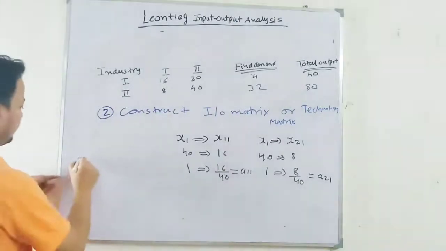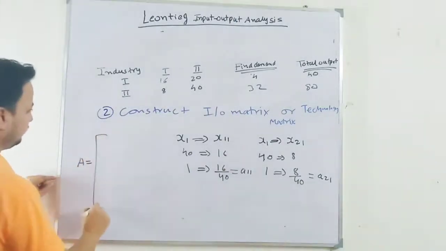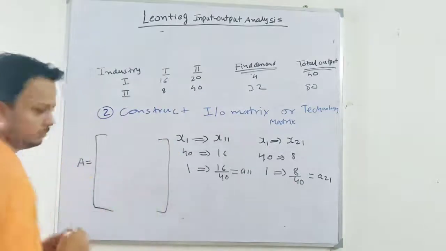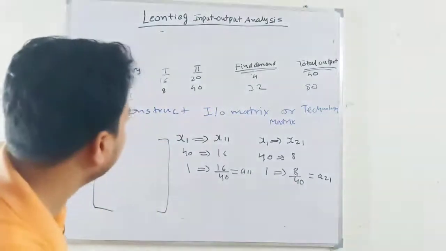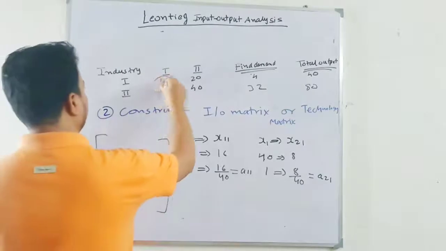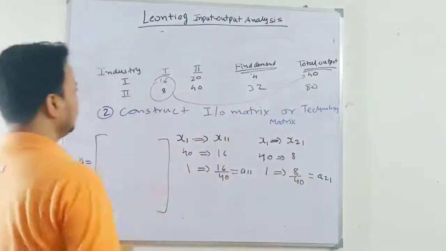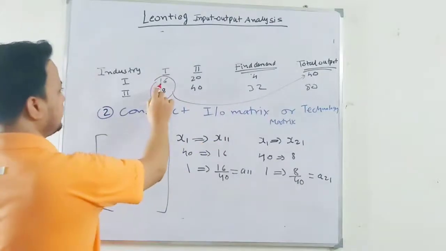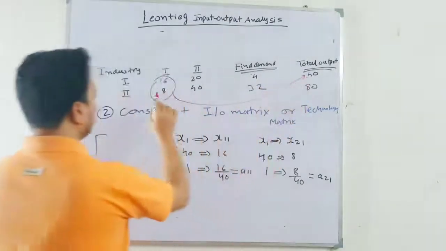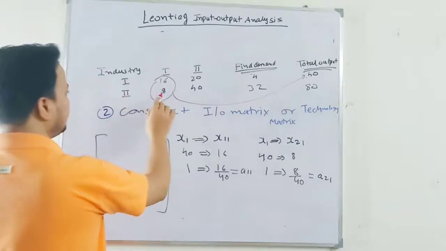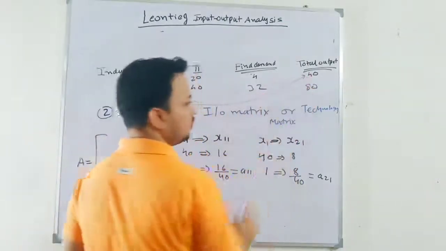So we can take out like this. So next let's consider our technology matrix. So we know this thing, okay? This one is the consumption of first industry, okay? So I use this much from first industry to produce this much output. I consume this much from second industry to produce this much output for first industry.